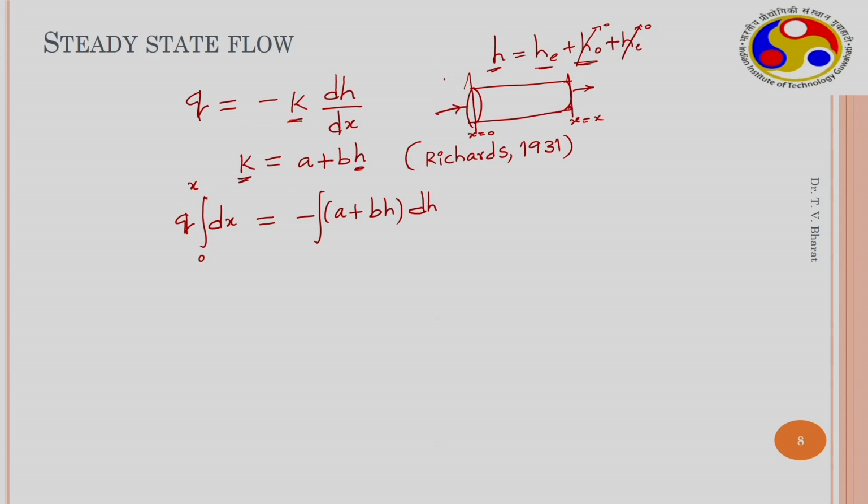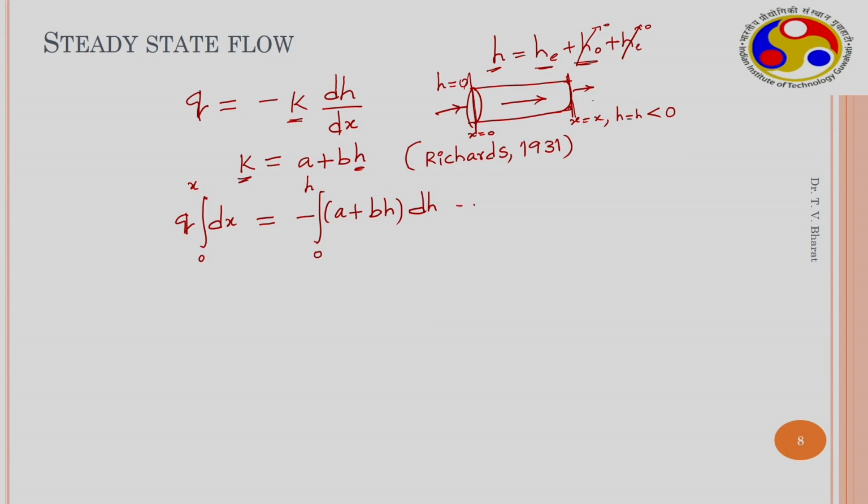So now at x equal to 0, assume that you have a head of 0, and at this particular point the head is H. So it varies from 0 to H. H is negative. So this is negative, this is much smaller than 0, that's what I said. Because it's 0 and this is a negative value, the flow takes place from left to right.